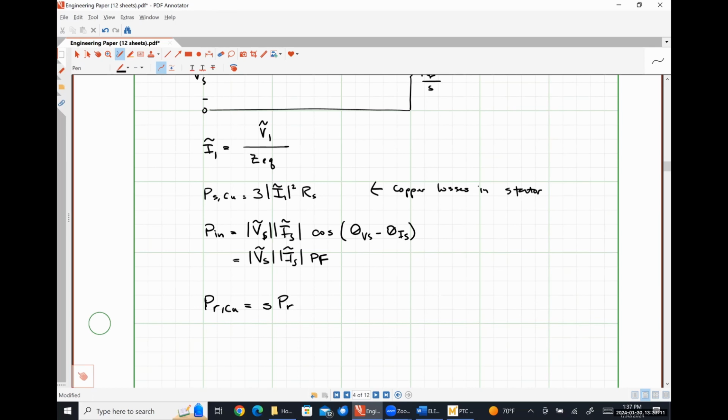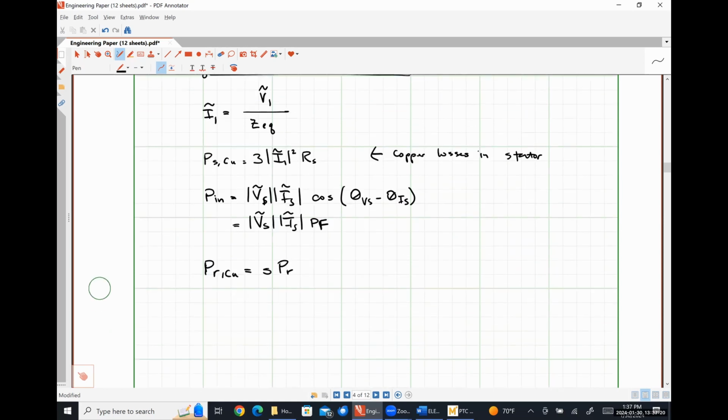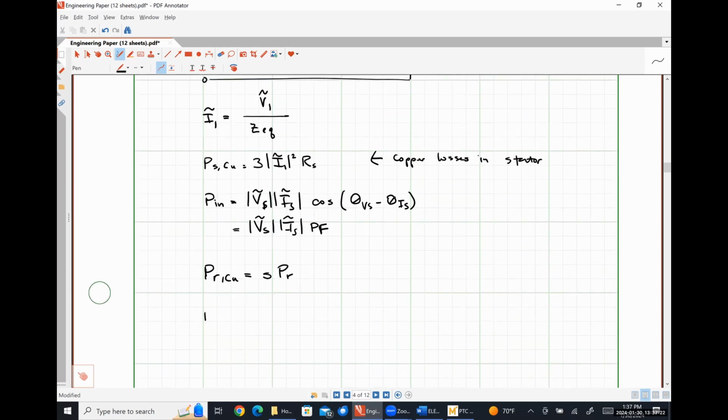Well, now we have to figure out what the total power that was delivered to our rotor was.